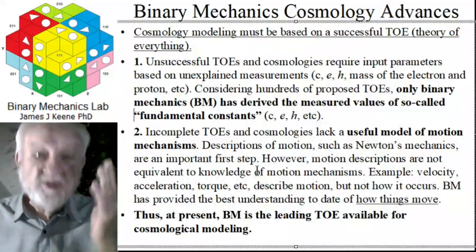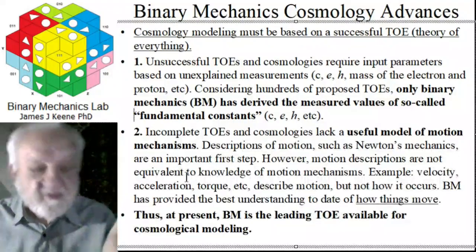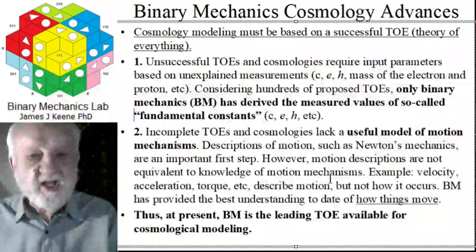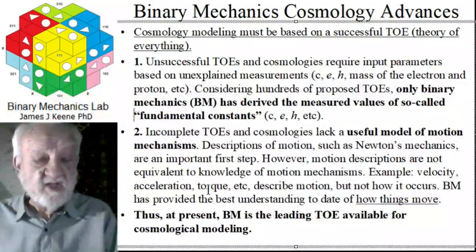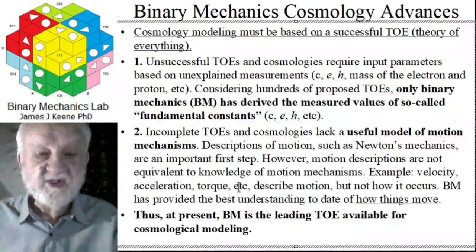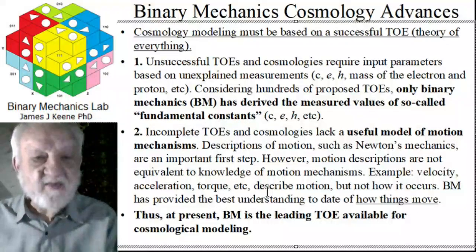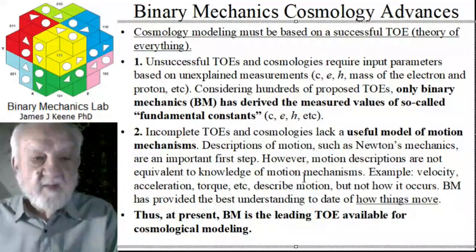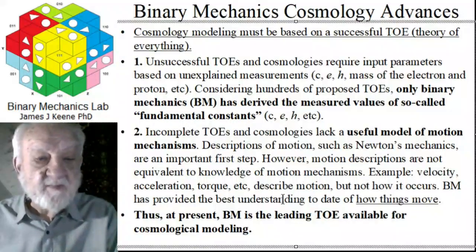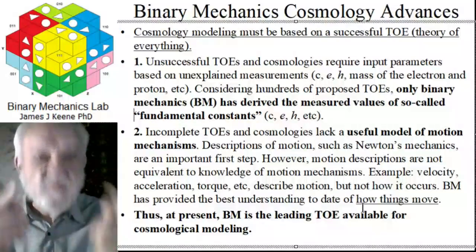However, motion descriptions are not equivalent to knowledge of motion mechanisms. Think about that. Example, velocity, acceleration, torque, etc. describe motion, but not how it occurs. Binary mechanics has provided the best understanding to date of how things move.